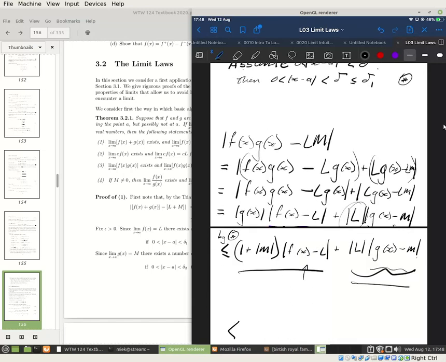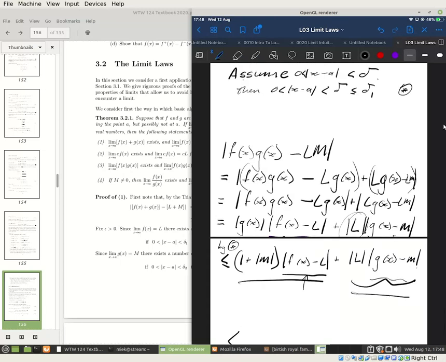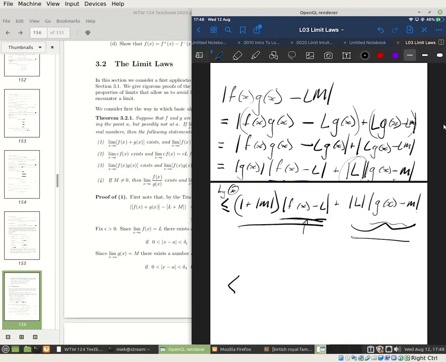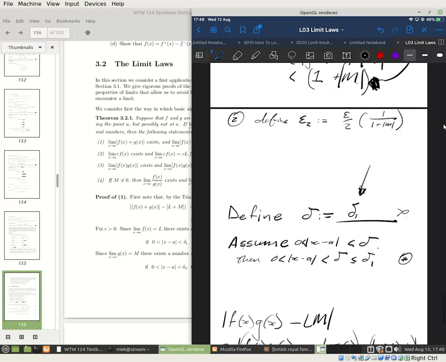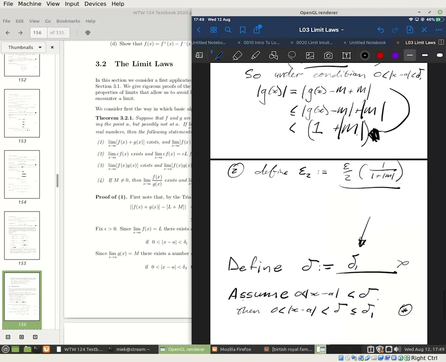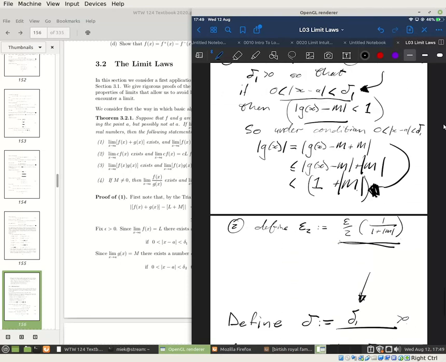We want this thing finally to be less than epsilon over 2. So this thing should be epsilon over 2 multiplied with 1 plus absolute value of m. Because we see here, if we can get this thing less than that, the whole thing then simplifies to epsilon over 2. Okay, and now for this epsilon, we go buy a delta.